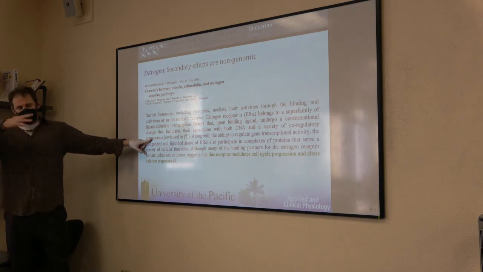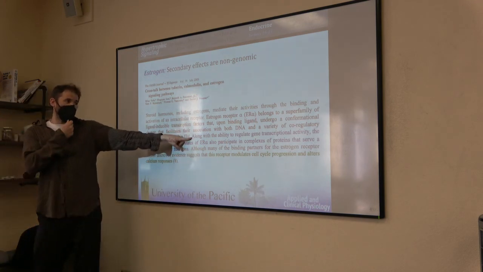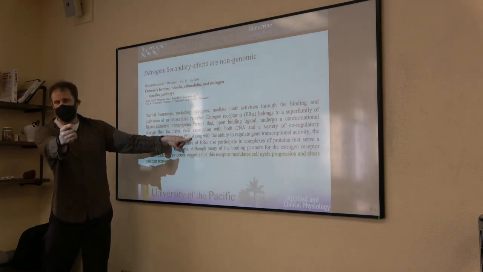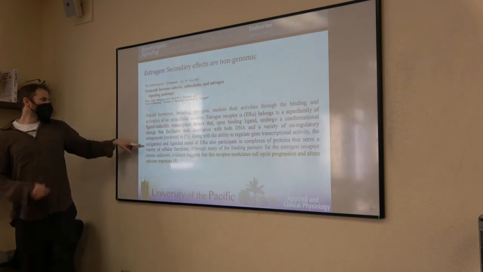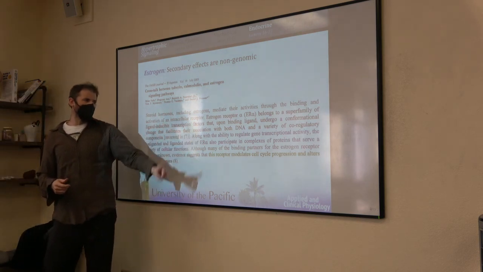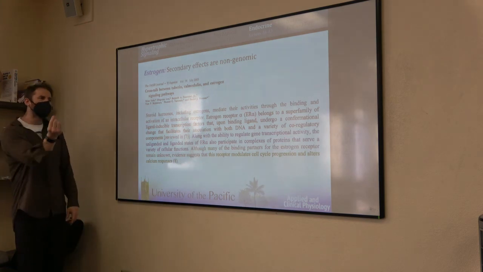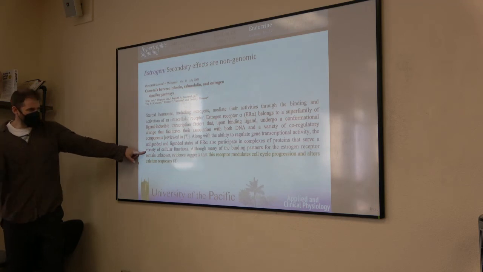So regular steroid stuff and cell signaling stuff, along with the ability to regulate gene transcriptional activity, just like we talked about with testosterone transcription. The unliganded and liganded states of the estrogen receptor also participate in complexes of proteins that serve a variety of cellular functions. Again, cell signaling.